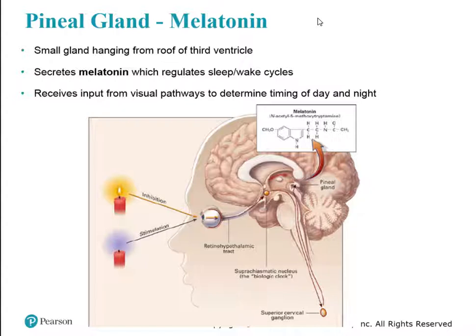If it's daylight outside, light inhibits melatonin release, whereas the absence of light, or darkness, stimulates melatonin release to tell our brain that it's nighttime, time to get ready to go to sleep. You may have heard of melatonin before; you can actually buy it over the counter as a sleep aid.